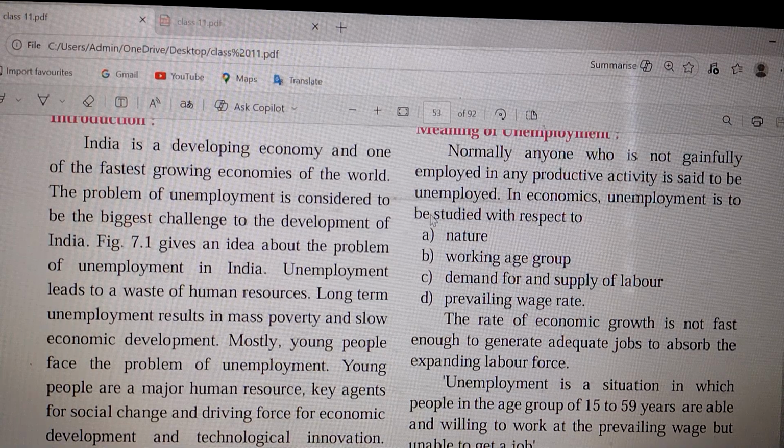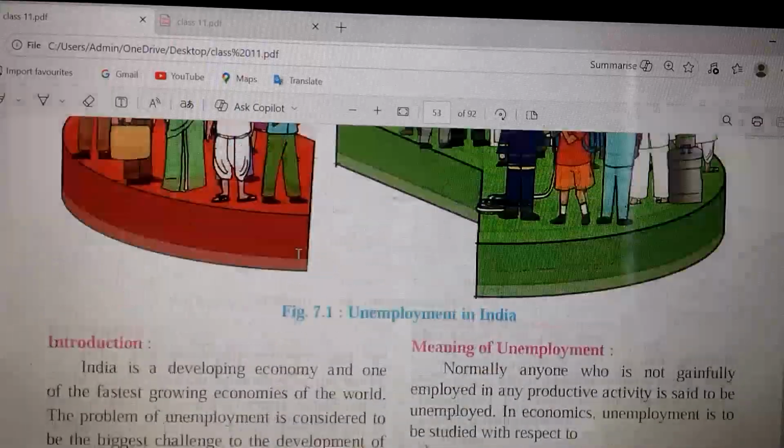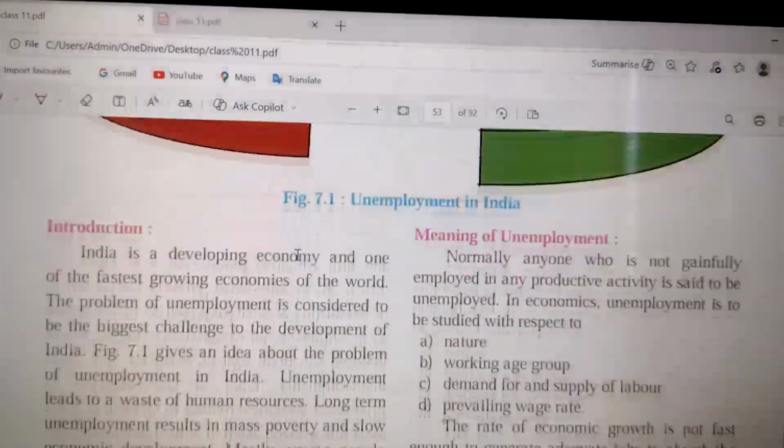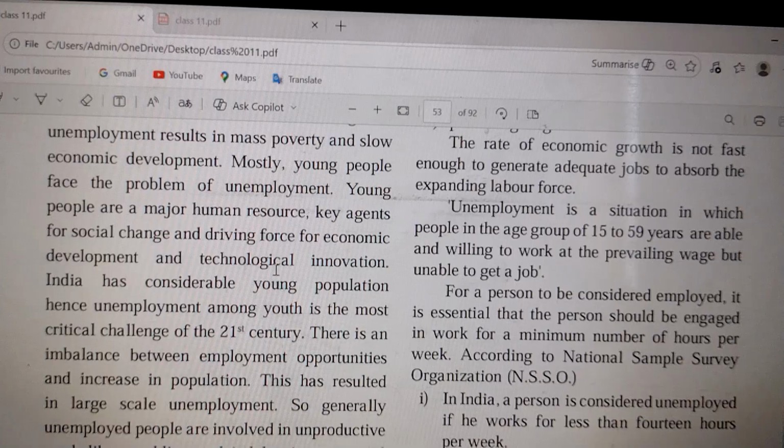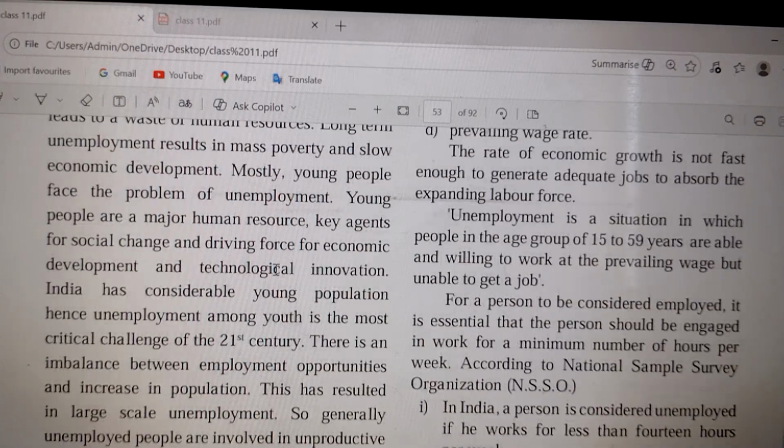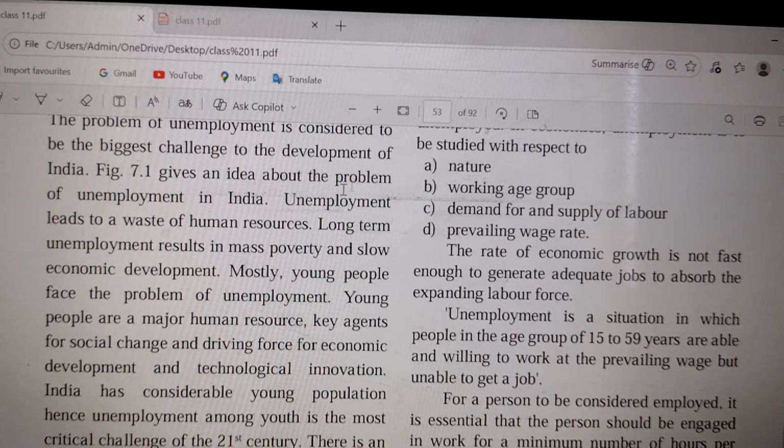You can see here, the problem of unemployment is considered to be the biggest challenge to the development of India. Figure 7.1 shows the unemployment and employment difference and rate. So it gives an idea about the problem of unemployment in India.